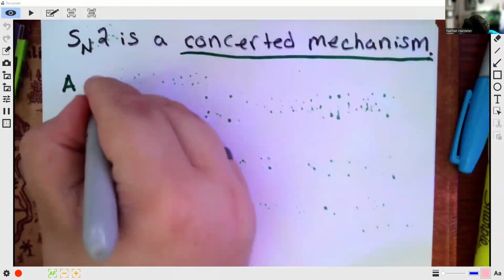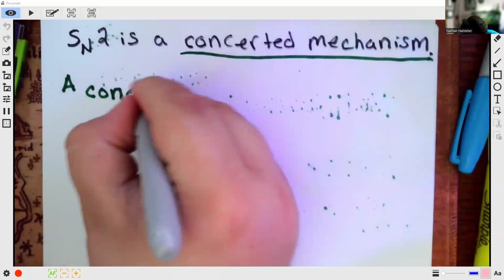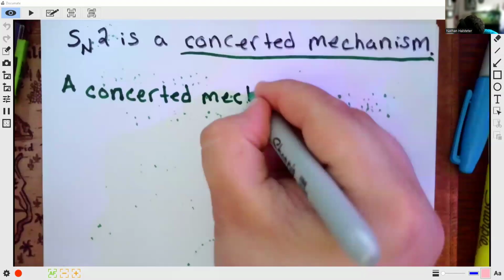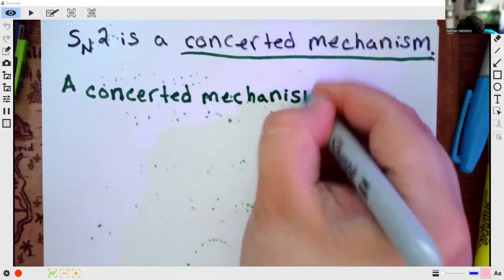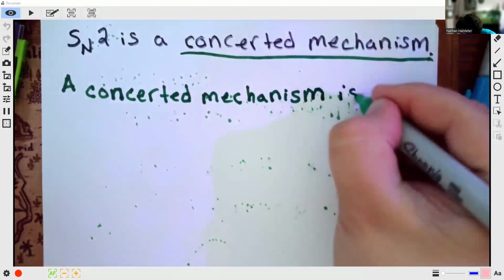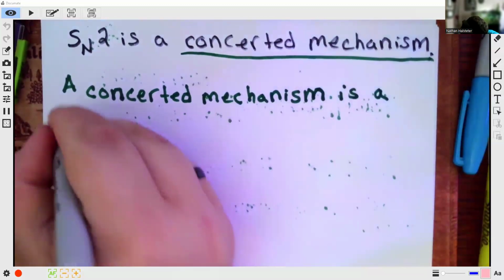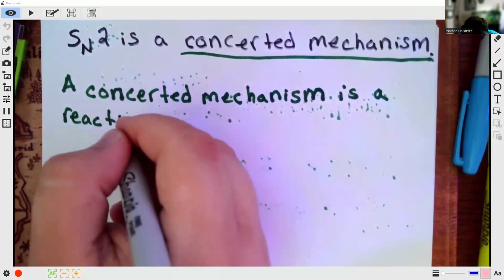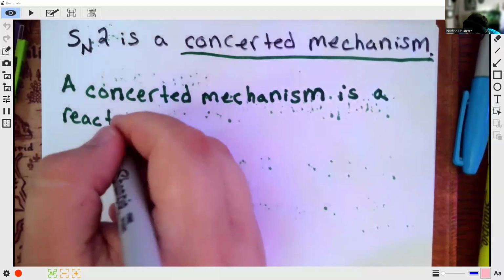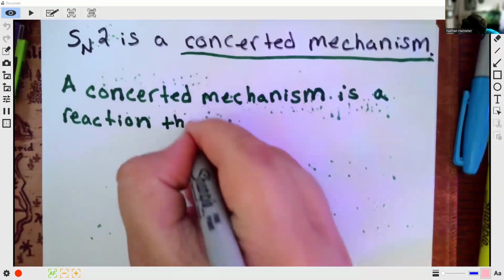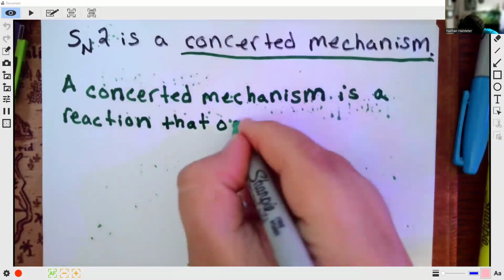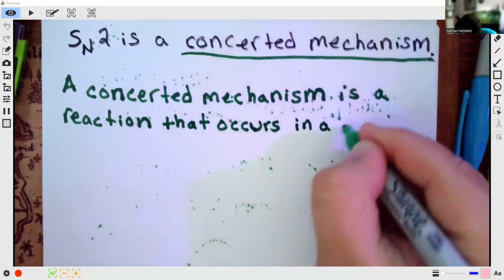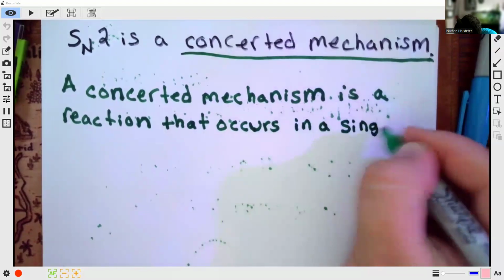A concerted mechanism is a reaction that occurs in a single step.